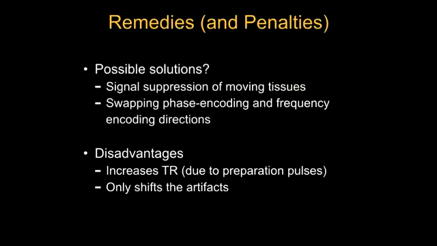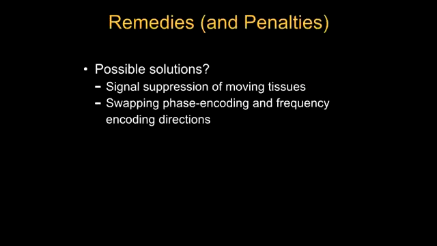Again, the disadvantage is that either increasing TR or shifting the artifact doesn't really help overall if there are many artifacts in your image. So sometimes it's not the best solution, but practically swapping the phase encoding and the frequency encoding sometimes solves the problem.